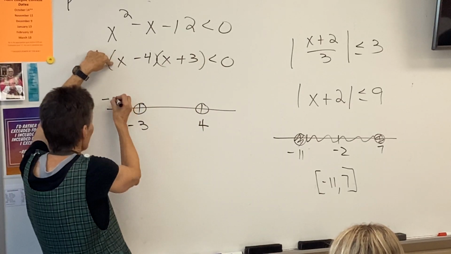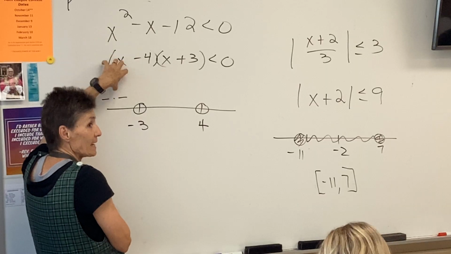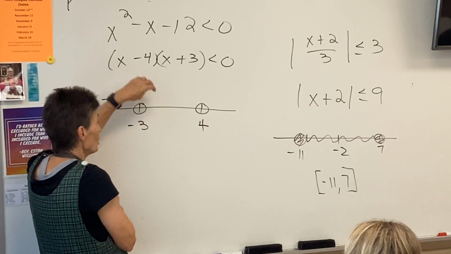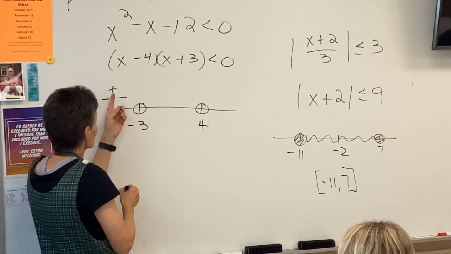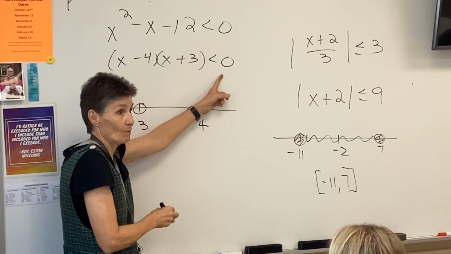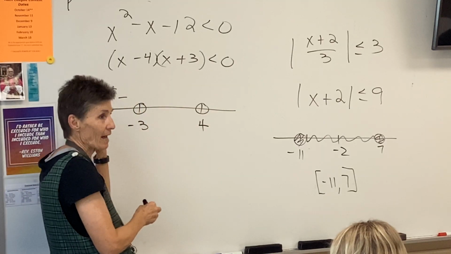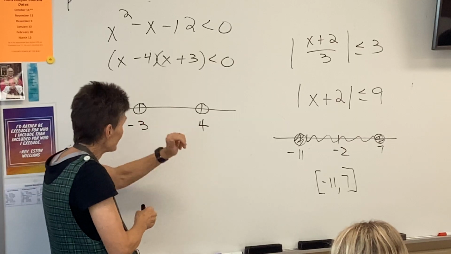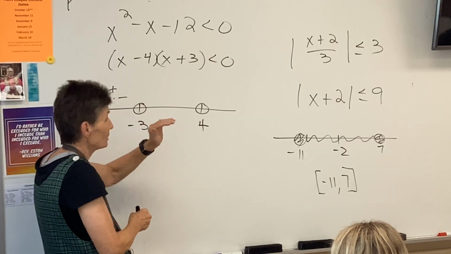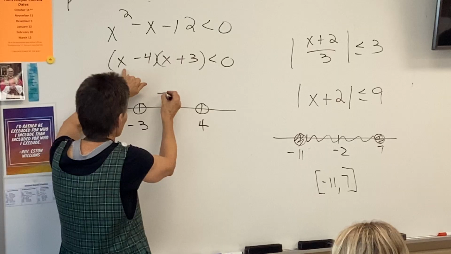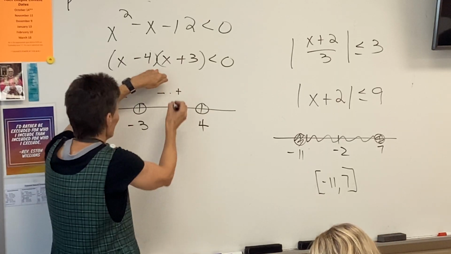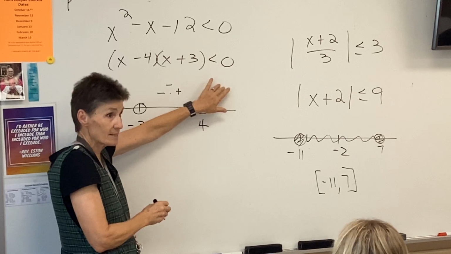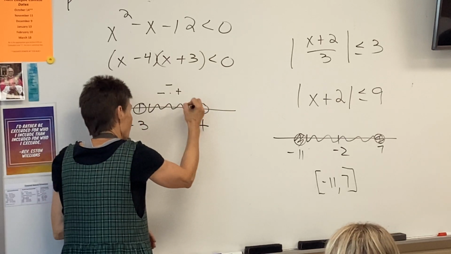Now remember, you're multiplying now. So a negative times a negative would give you a positive. Is positive less than 0? No, so this is bad. So now I'll pick a number in here, like 0. That is a negative times a positive, which is negative. Is that less than 0? Yep, so that's what I want.